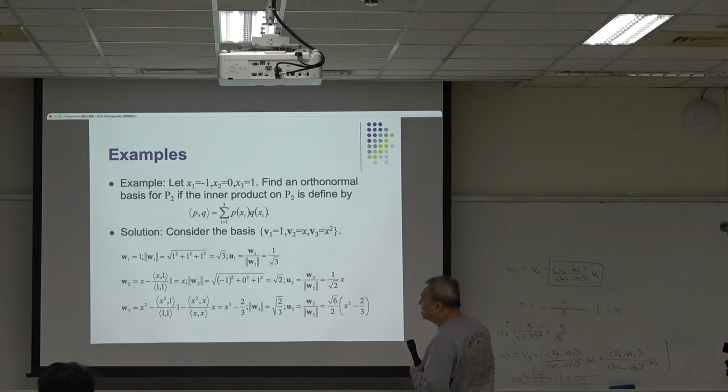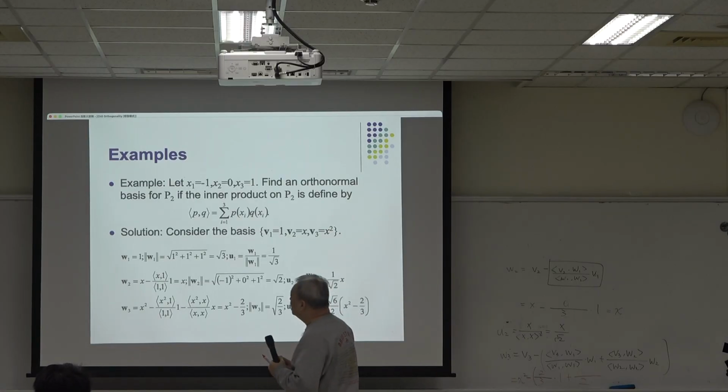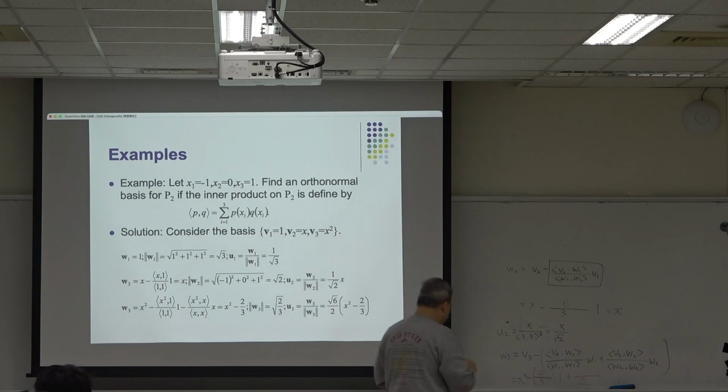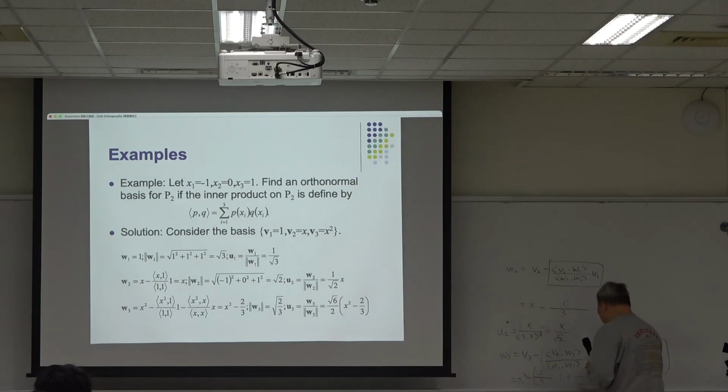W2 is x. Okay, so x squared. So 1 times x is negative 1. So the first is negative 1. The second one is 0. The third one is 1. So they cancel out each other. So this one is 0.